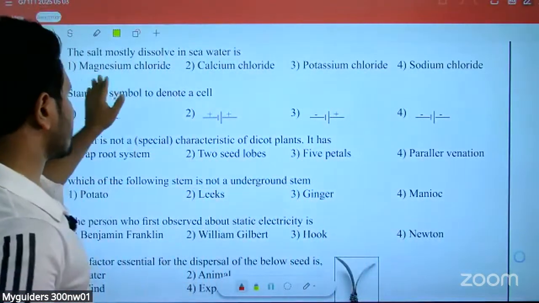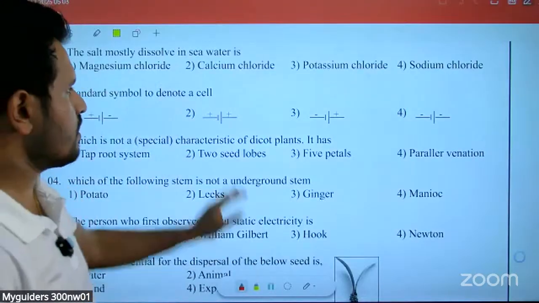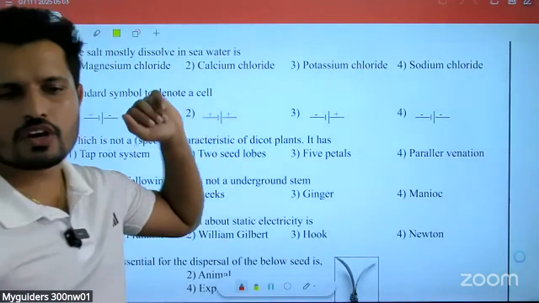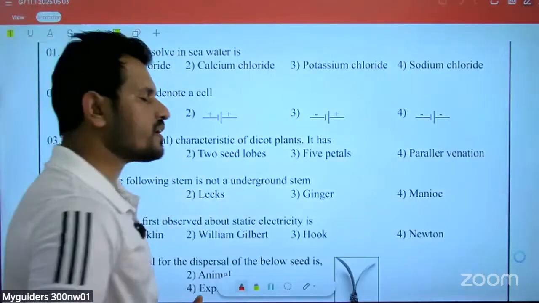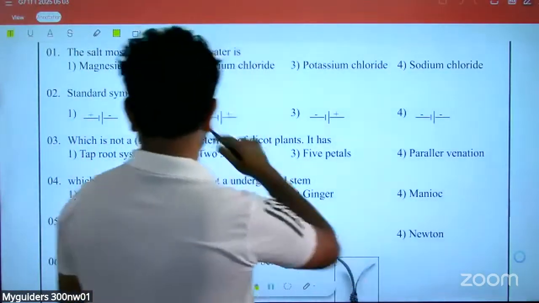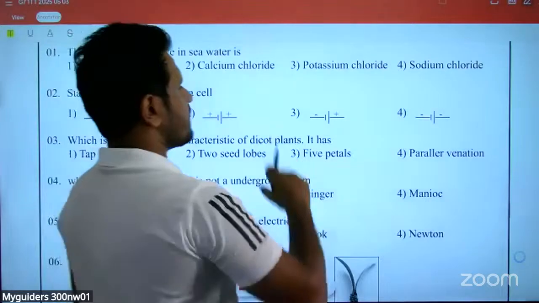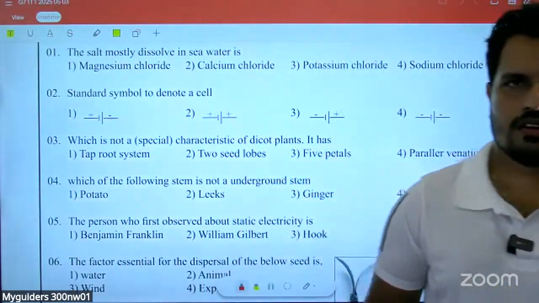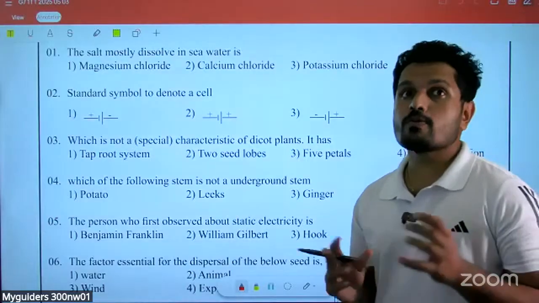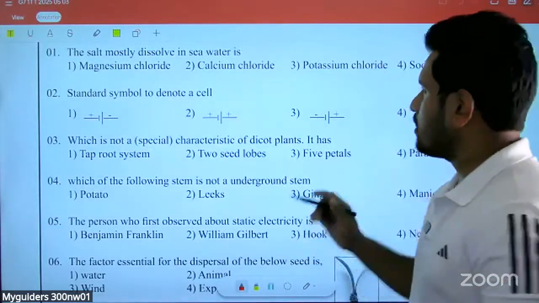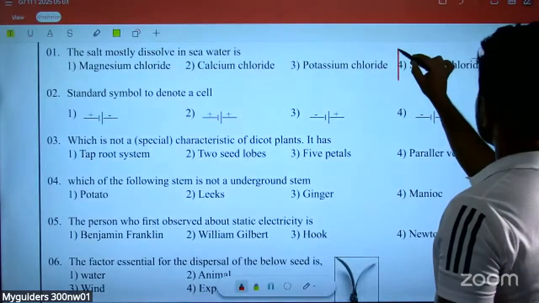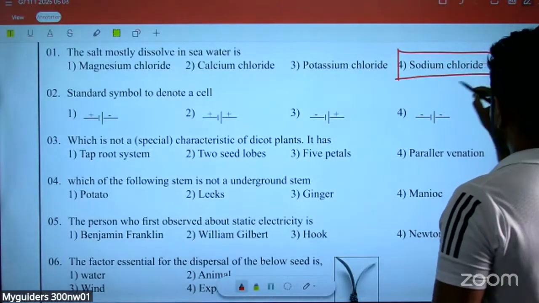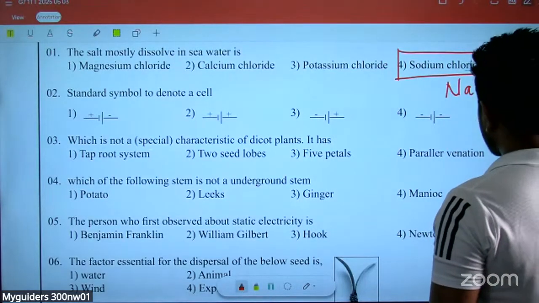So magnesium chloride, calcium chloride, potassium chloride, and sodium chloride, all these chlorides we can observe in seawater in different proportions. But one salt, sodium chloride, is basically what we call common salt.